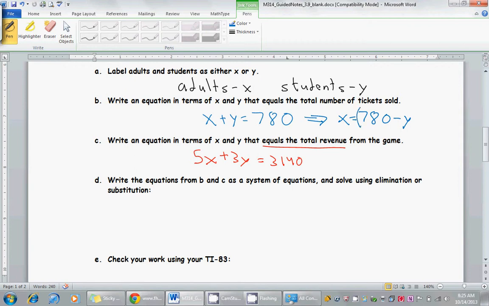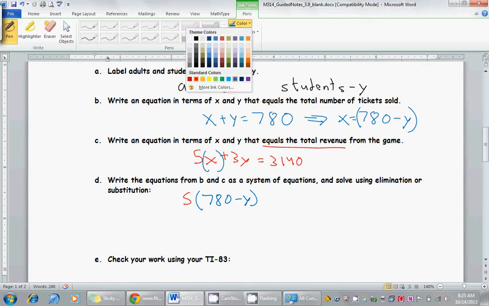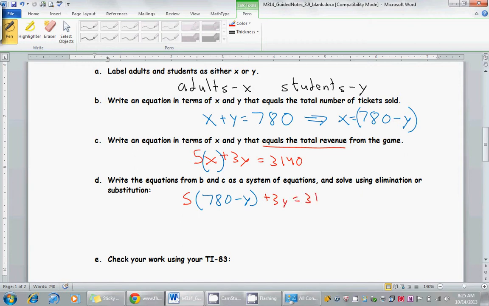And now I can take this value for x, substitute it into the revenue equation. So let's see, this is going to be 5. Now instead of writing x, I will write 780 minus y, plus 3y equals 3140.